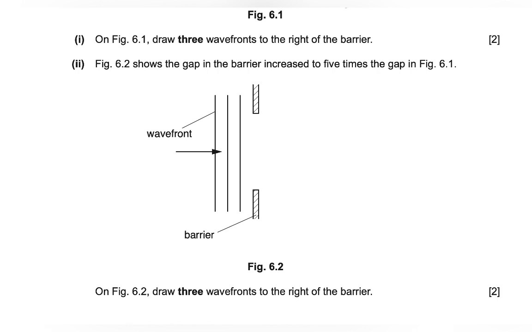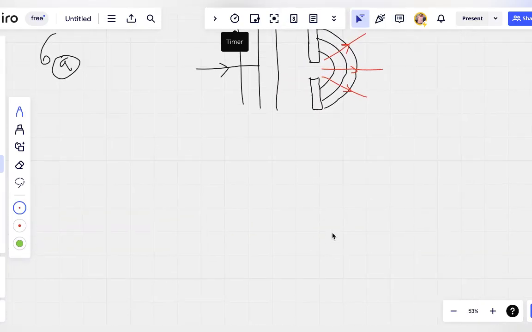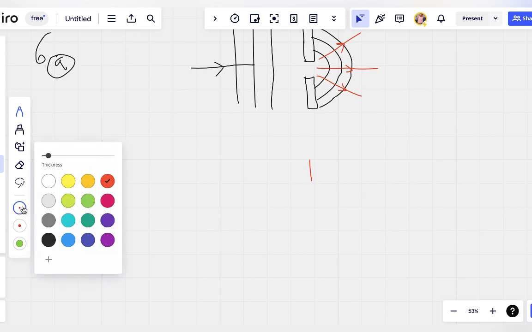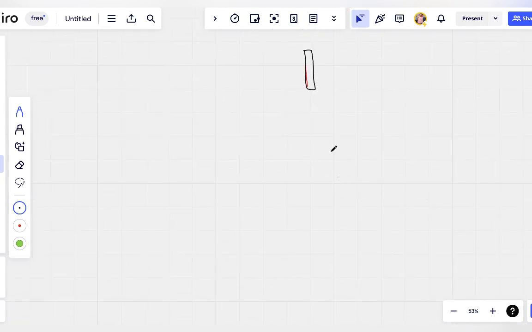If the gap widens, then the diffraction becomes very small. Now we've increased the gap almost 5 times, so the diffraction becomes super small.